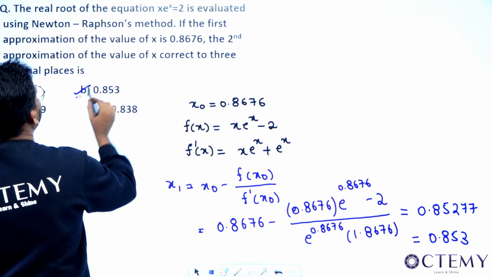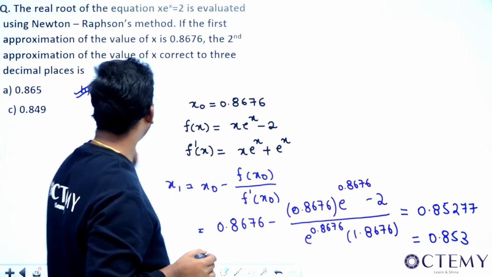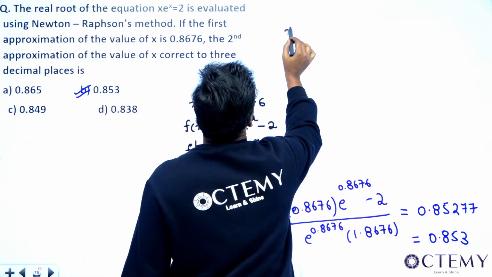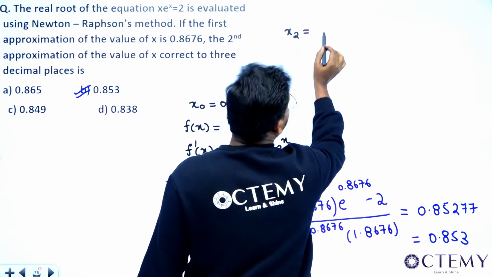If you don't feel like this, you do one more iteration. If you do one more iteration, you'll understand that it will be closer to this. Let us do one more iteration and try. If I want to find x2, what will be x2?